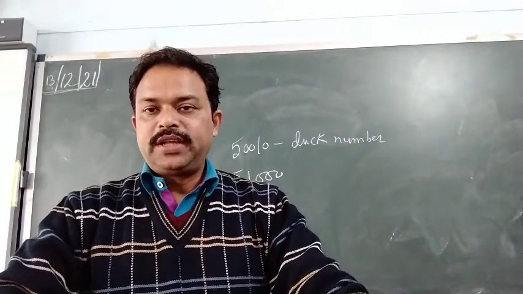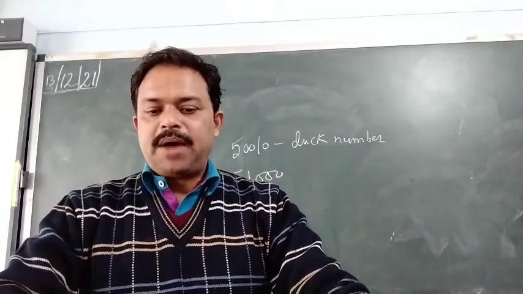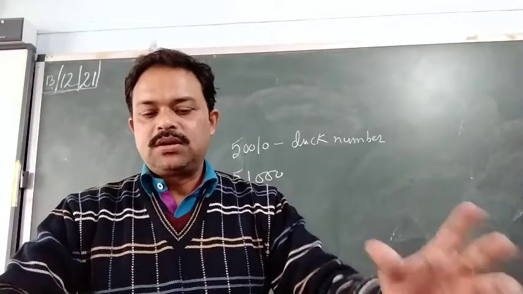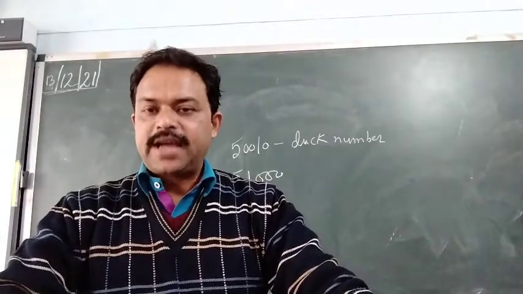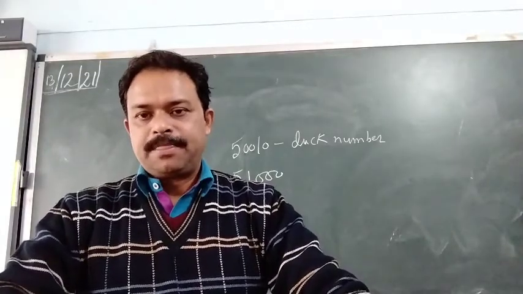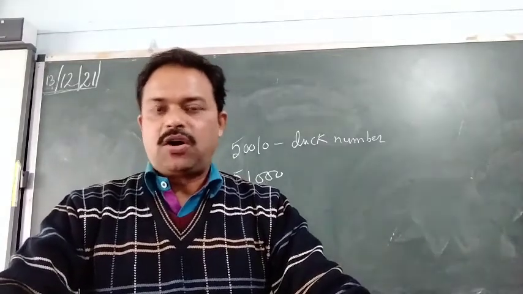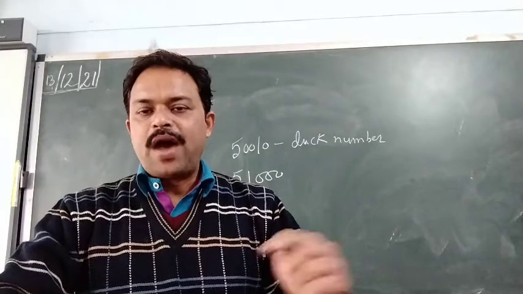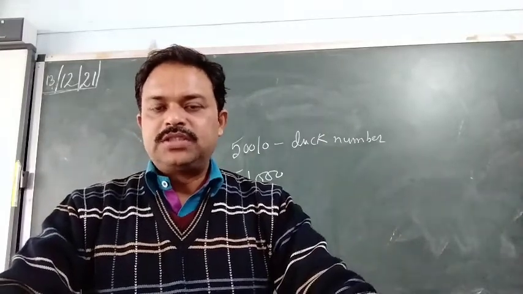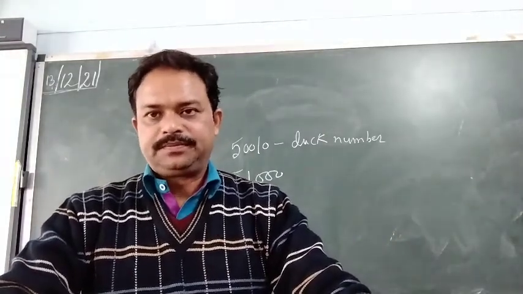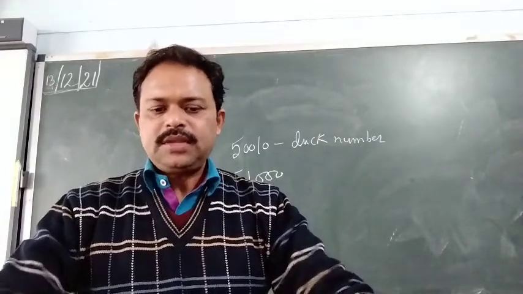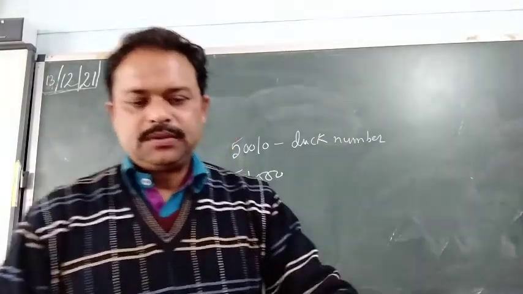One more thing that was mentioned: by invoking function check duck. Of course, you have to do the shifting only by checking whether it is a duck or not, and for that you have to call one function. What is the name of that function? Check duck. Okay, let us do this question.